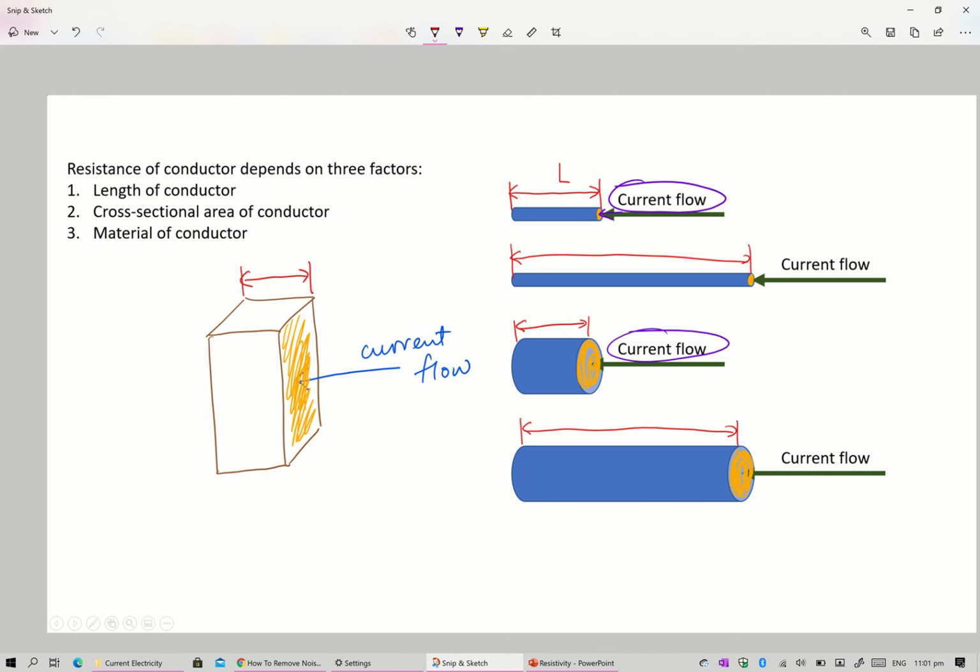For this topic, we're going to cover that there are many types of conductors around, and each conductor is able to conduct electrical current differently. For the material of the conductor, I'll introduce a term called resistivity towards the end of this video.